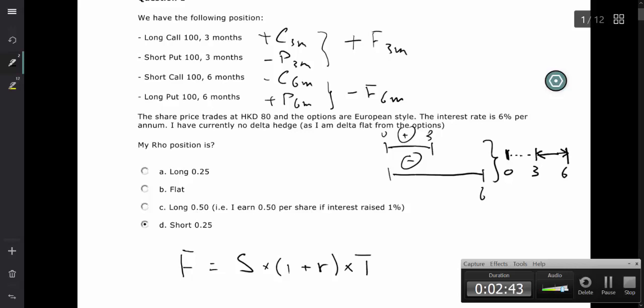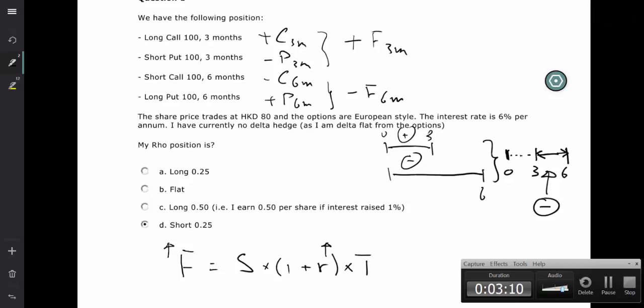So if you have a long position, you kind of want interest rates to go up, because then your forward will go up. But here, I already said you have a synthetic short position, so you're actually short. Now how much are you short?